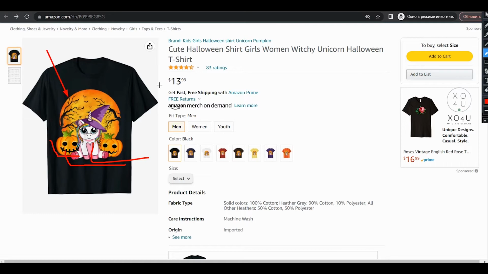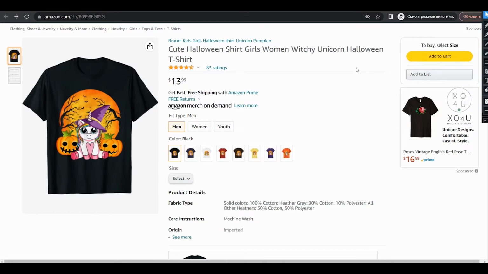Maybe you can even use exactly the same one, but the main character can be a unicorn, any other cat or dog or anyone else, maybe even some witch, but they should look really cute. And also you can find in keywords that it's a cute Halloween shirt. To be honest, I'm not sure that woman witchy Halloween t-shirt will be the best keyword for exactly this design idea, but it can be used of course too.